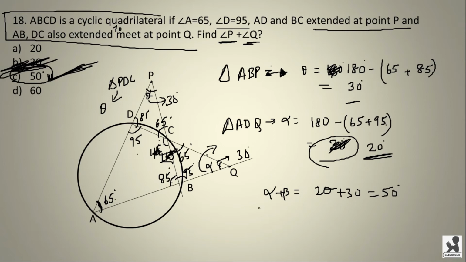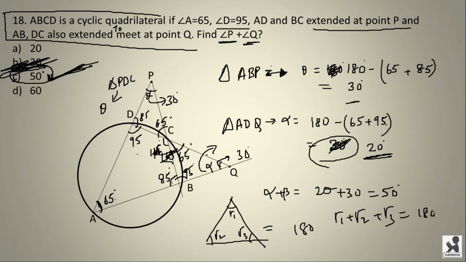And by the simple triangle property, that is, the sum of all angles in a triangle is equal to 180 degrees. That is, if these are gamma 1, gamma 2, and gamma 3, then gamma 1 plus gamma 2 plus gamma 3 is equal to 180 degrees.